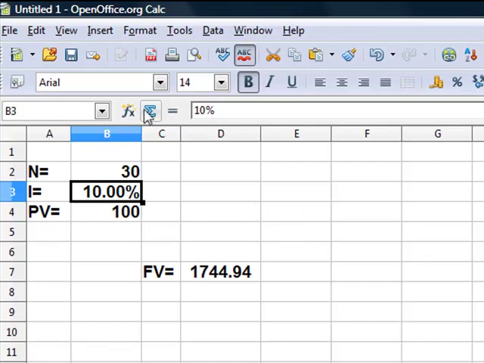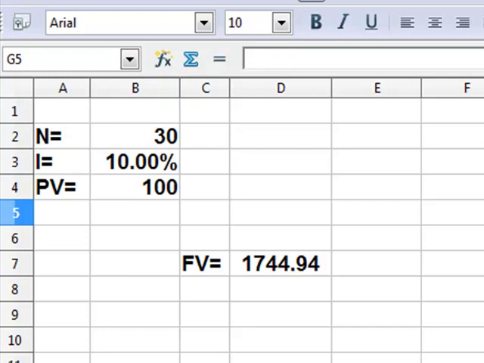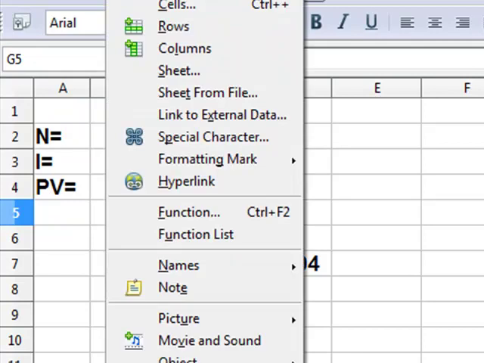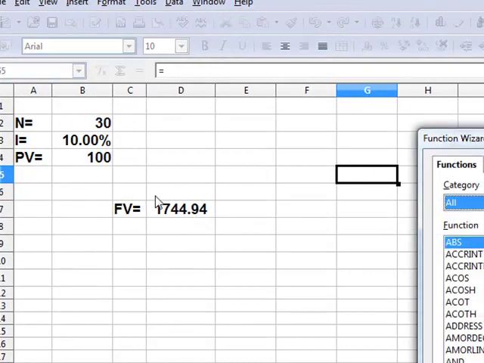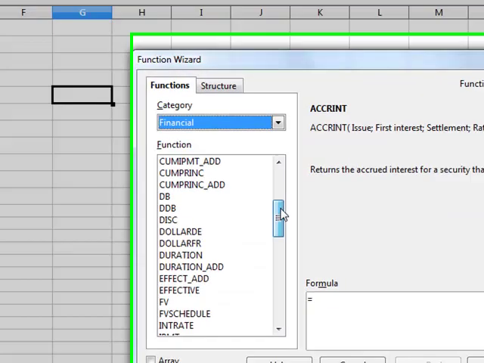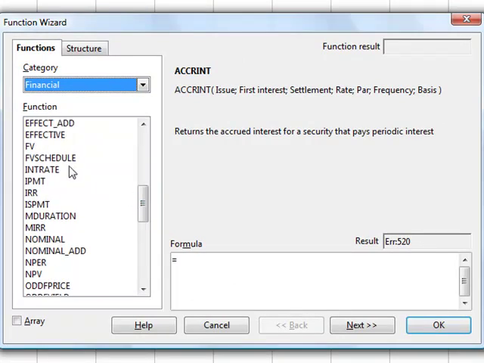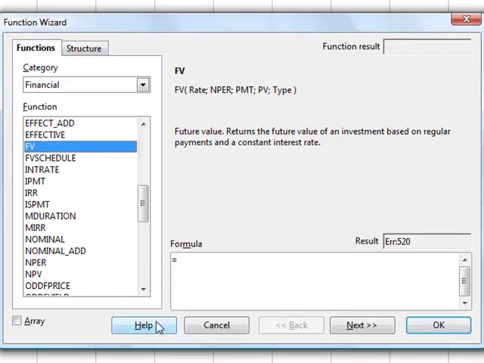And again, this is how you would do it if you did it in formulas. We also have, as I discussed in the Open Office introductory video, the function option. Remember, you could come in here and go to Insert Function, and then go to Financial, and come down, and we're looking for, I went too far, Future Value, and see what we need.